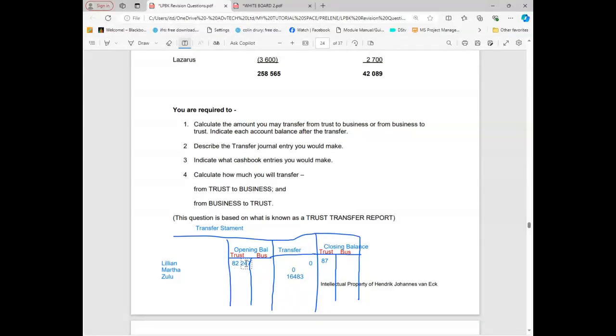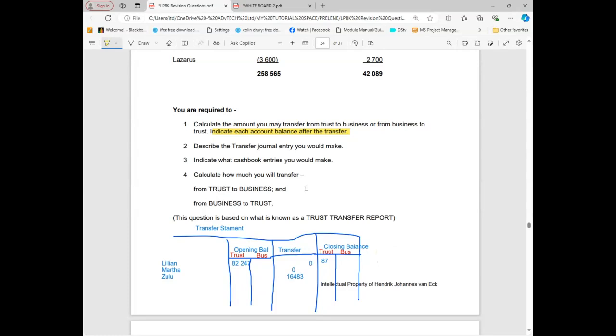So it means, can you see, we opened with 82,247, and we ended with 82,247 under the trust. So this will answer this part. Can you see the balance here? So after the transfer here, we are left with the same. Nothing has happened. Okay. Can you see now?